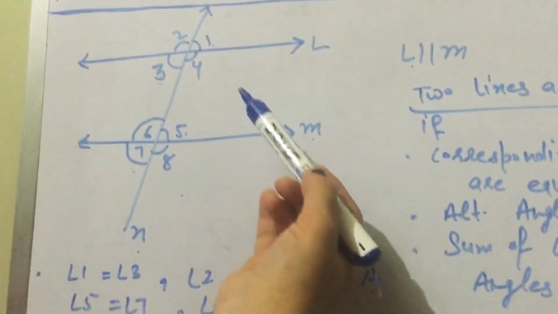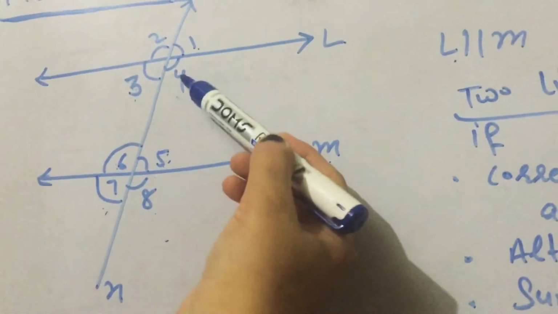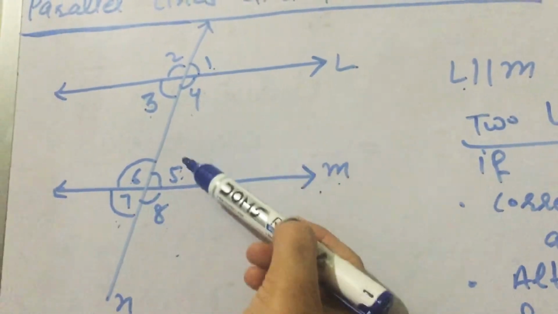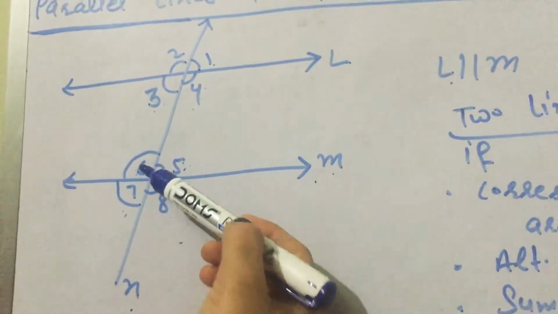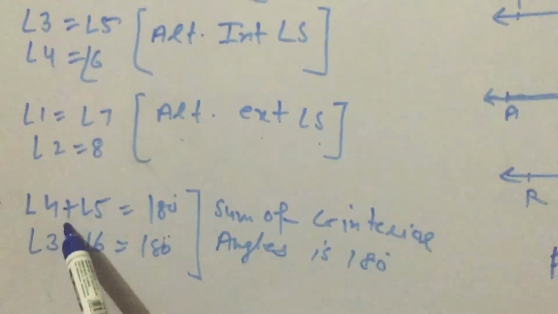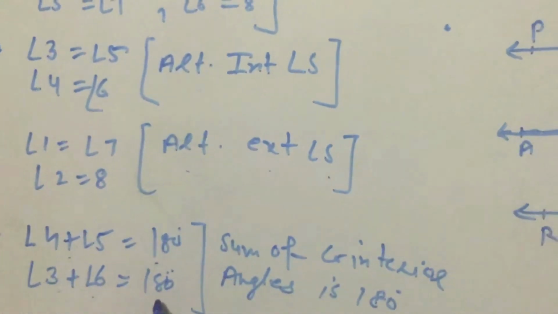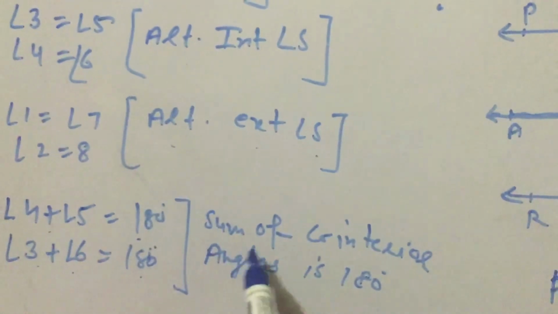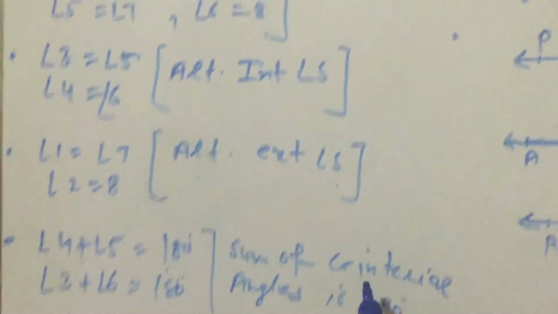And if the lines are parallel, then angle 4 plus angle 5 equals 180 degrees, angle 3 plus angle 6 equals 180 degrees. The reason is the sum of co-interior angles is 180 degrees.